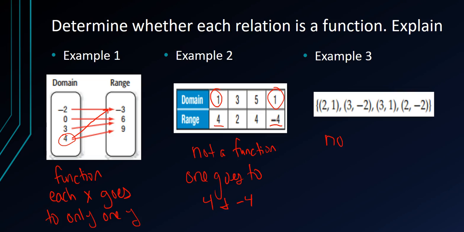This is not a function, and this actually happens twice. 2 goes to 1 and -2, and 3 goes to 1 and -2 as well. So the domain values go to 2 range values.